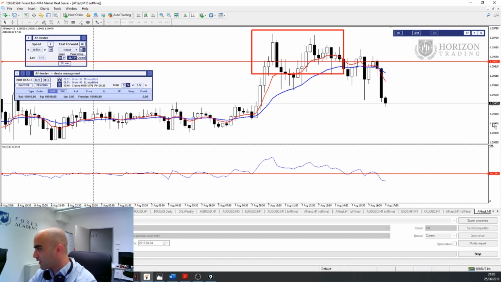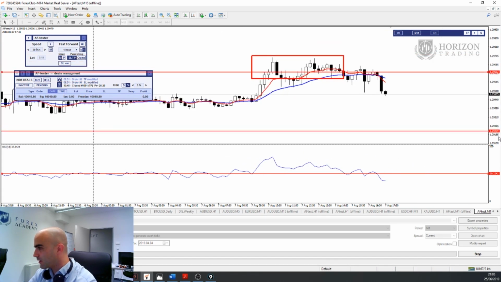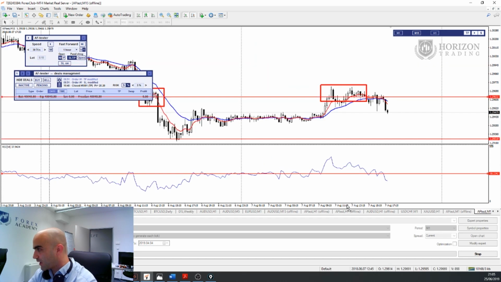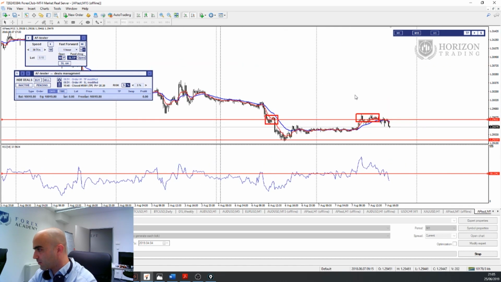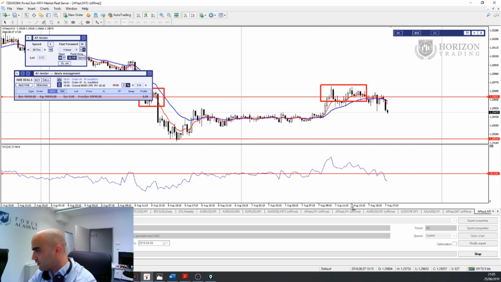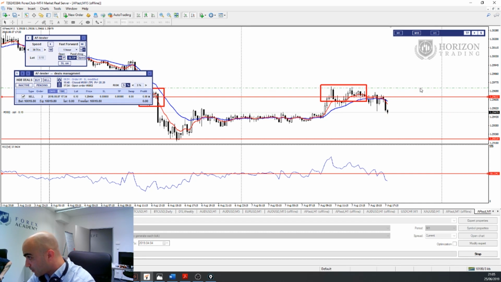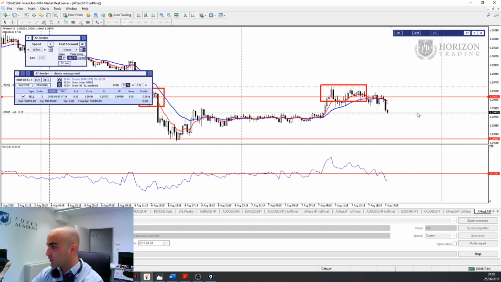So I'm moving a little bit, sorry again. I want to open short, placing my stop loss above the consolidation period and especially above the exponential moving average 20.